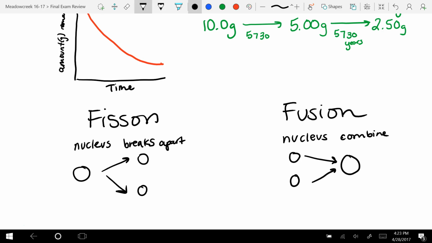Okay. Now fusion is how all elements heavier than probably around cobalt, I believe, are made. They're made in stars like the sun.